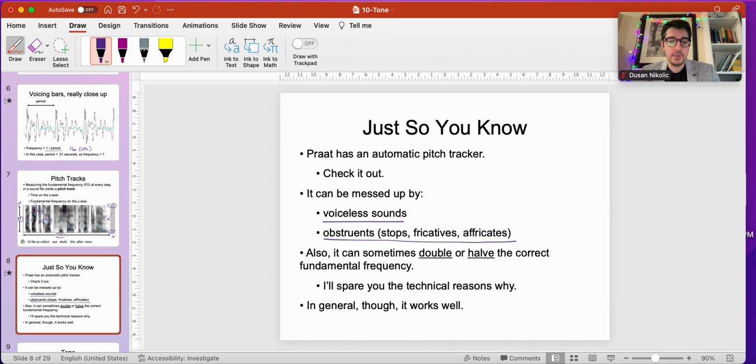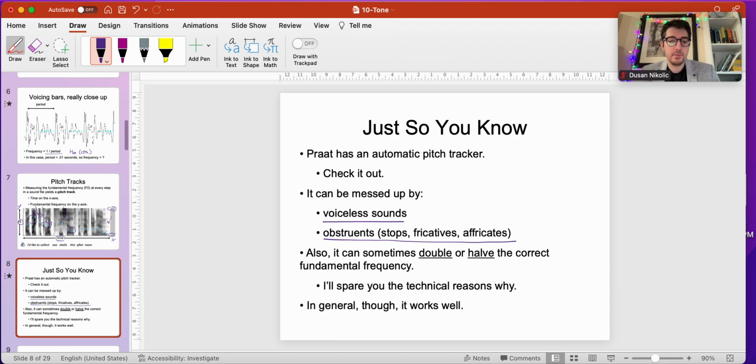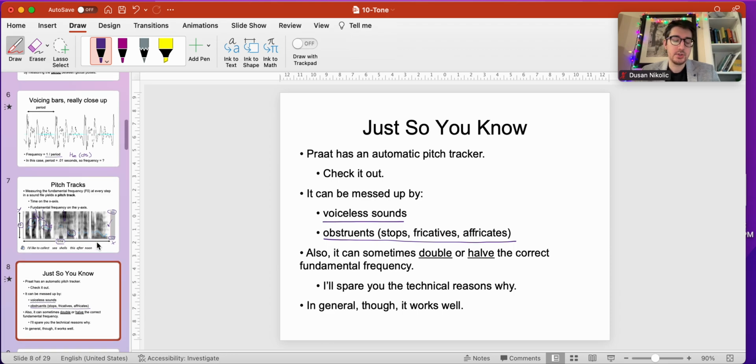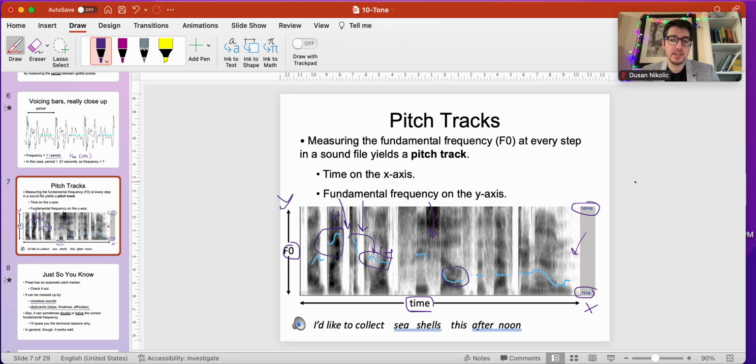Okay, so generally I just want to mention here, generally 75 to 500 hertz for females, and for male persons maybe 75 or 50. Sometimes you can go to 100 for males, but this is okay. 50, 75 to 300 or 400 if somebody has a high voice.